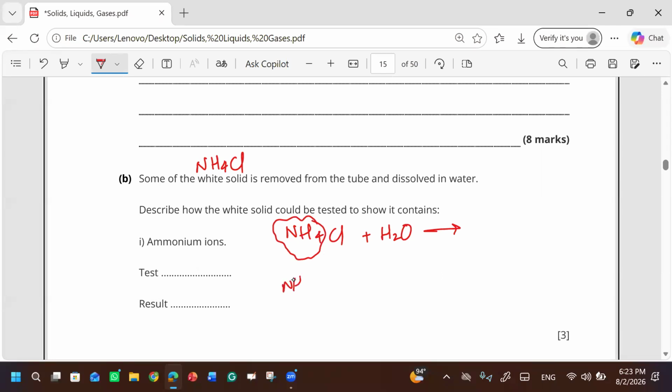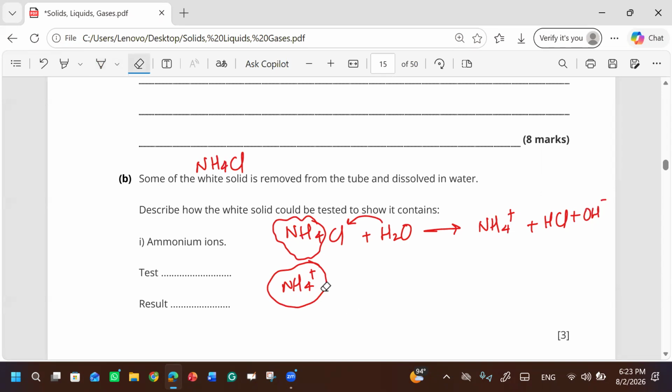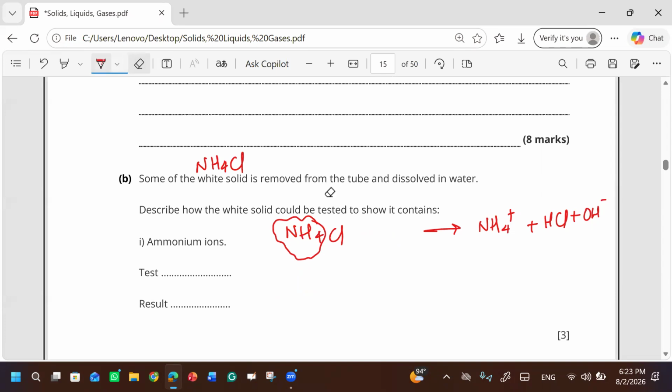Once the ammonium ions are released, the reaction will be like this: NH4Cl plus water, which I am writing as HOH. One hydrogen will combine with the chlorine, so this is HCl.